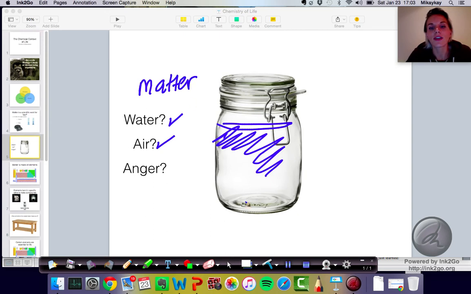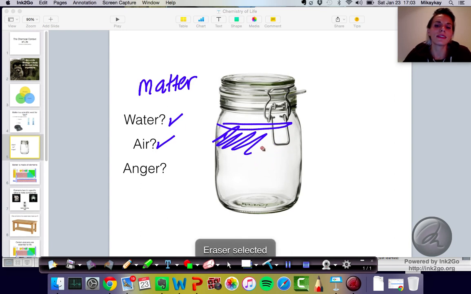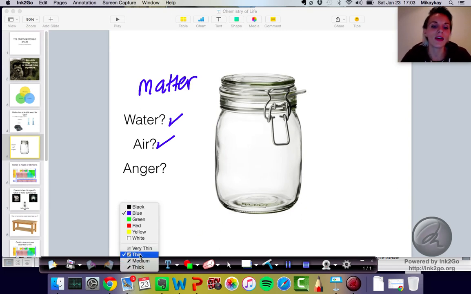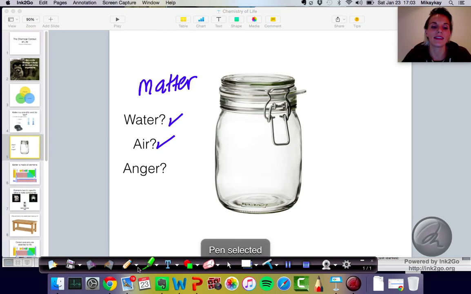However, if we take our jar, could we put emotions into it? Like if I was angry, could I fill up a jar with anger? Although maybe we say that as some kind of figure of speech, right? Like I've been drinking a cup of anger. I don't know if that's actually a figure of speech, but it could be.